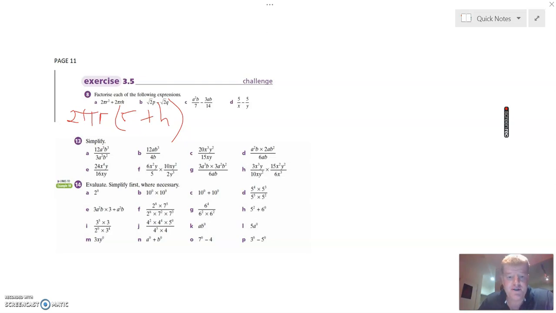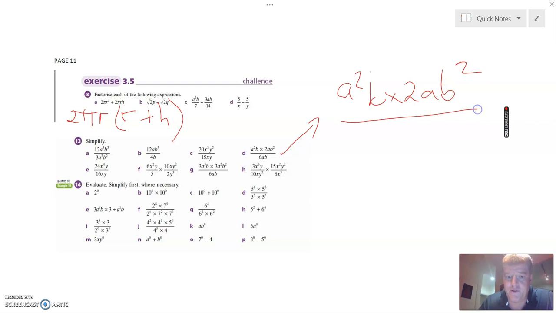Some of these in question 13 are perhaps a little bit more challenging. I'm just going to go to D over here. So let's say we've got a squared b times 2ab squared divided by 6ab.